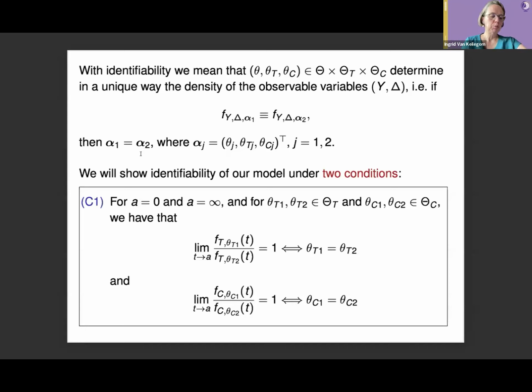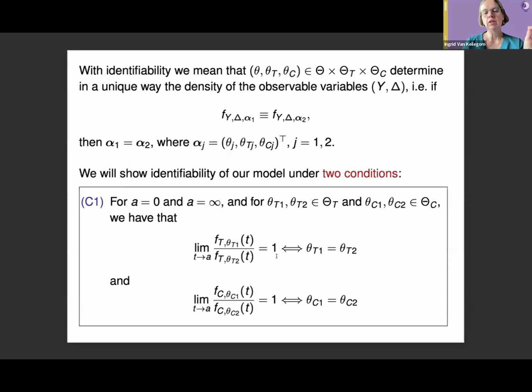And so what we did is we developed two sets of conditions under which we have indeed identifiability. And so the first condition, the C1, says that the parameters of the law of T and the parameters of the law of C can be identified just by looking at the limit of the density of T and the density of C for two sets of parameters when the time either goes to 0 or to infinity.